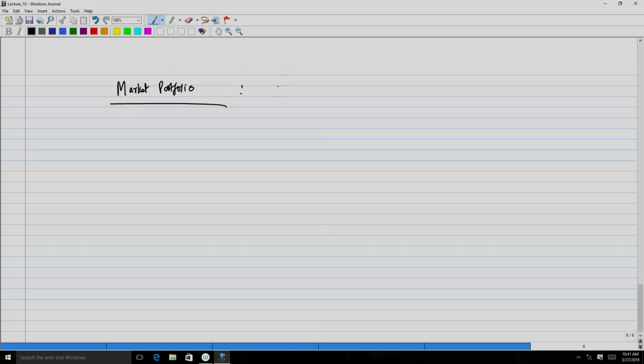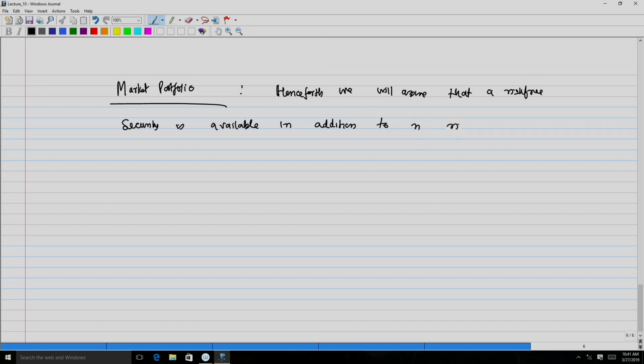So, for the purpose of the discussion from now onwards, we will assume that a risk free security is available in addition to n risky securities.